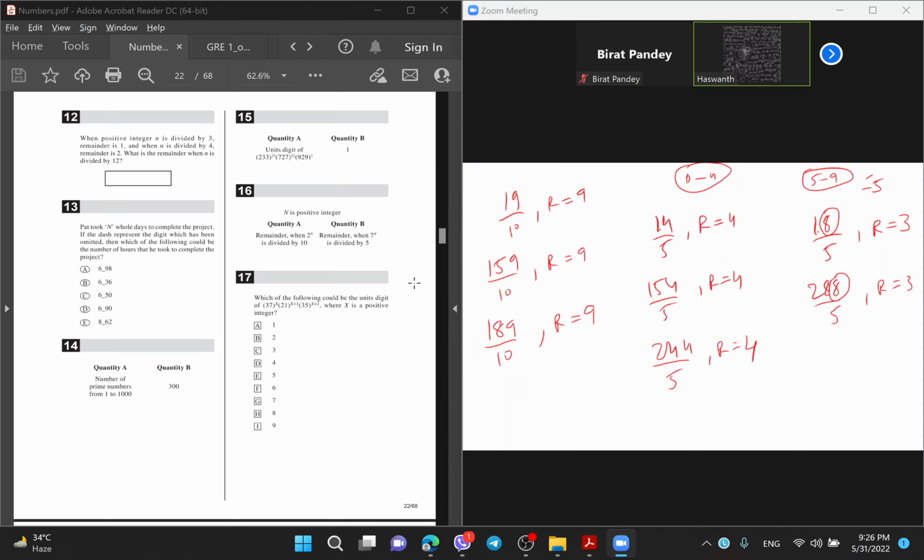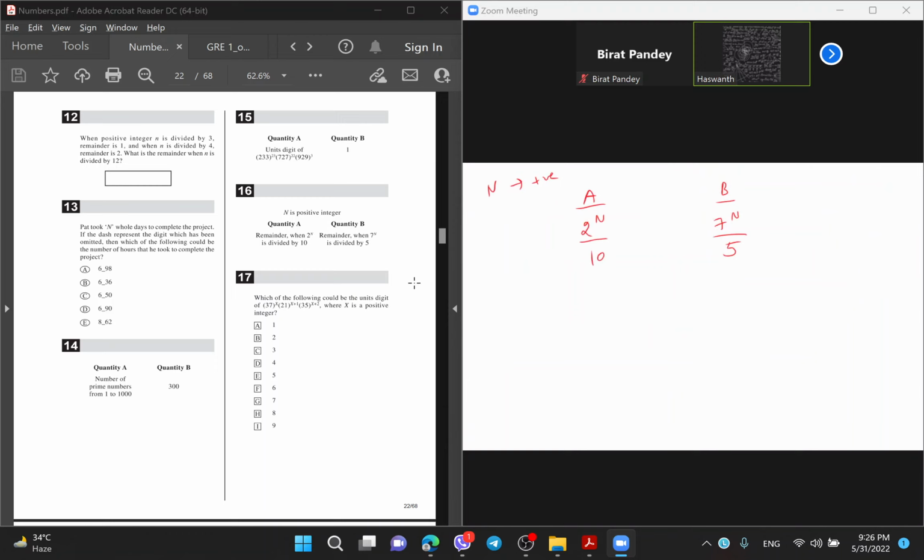So whenever you have to find the remainder when dividing with 5 or 10, just find out what is in the units digit. If you know the number present in the units digit, from that we can arrive at the remainder. So look at this problem. 2 power n. Based on n, we give different values, accordingly units digits will come.